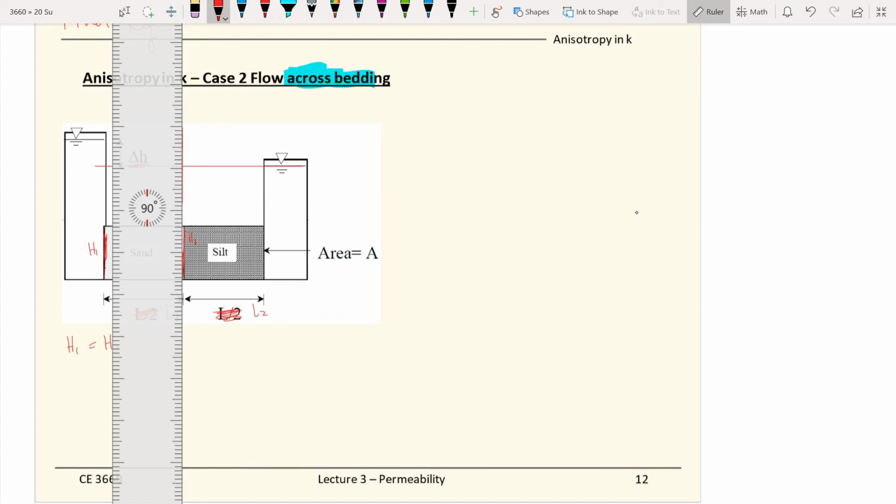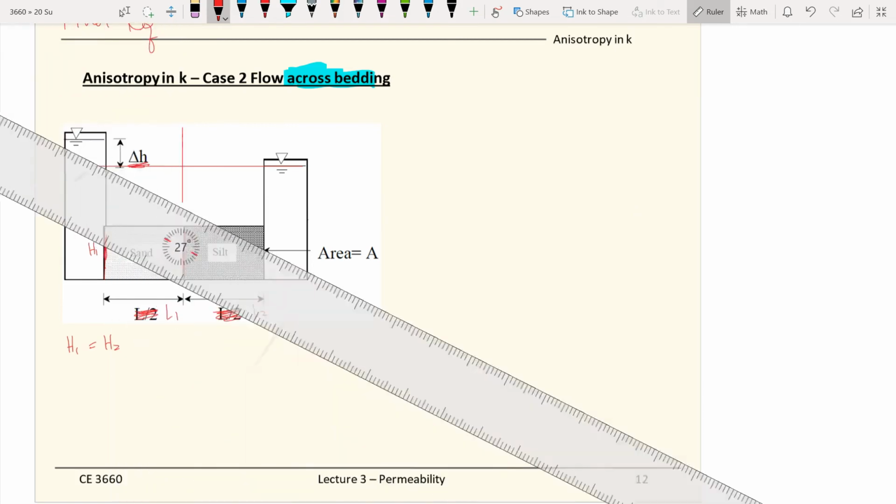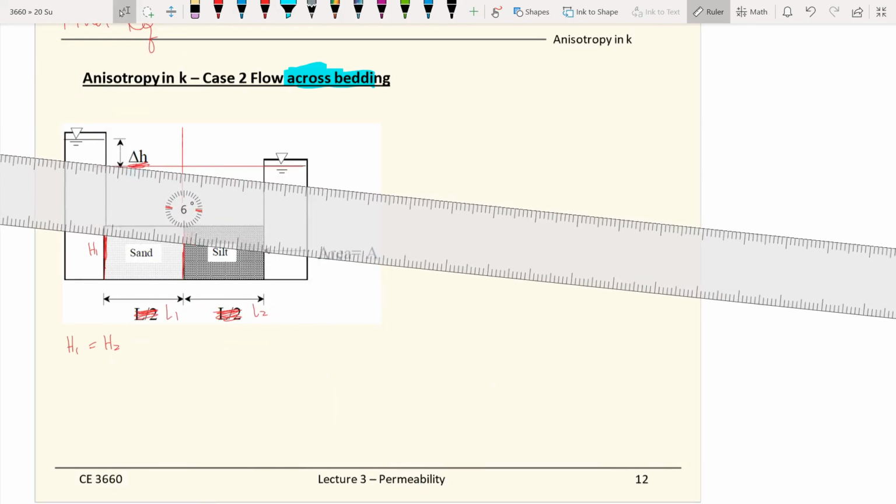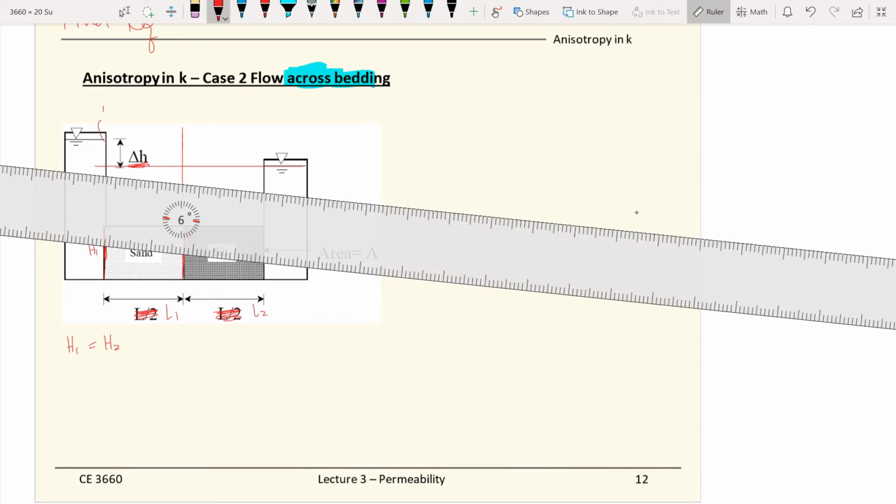It would take much longer for the water to travel through the silt than the sand. So at the beginning you still have delta H, the whole head difference before entering the soil system. But when it goes out of the system, all the head is gone.